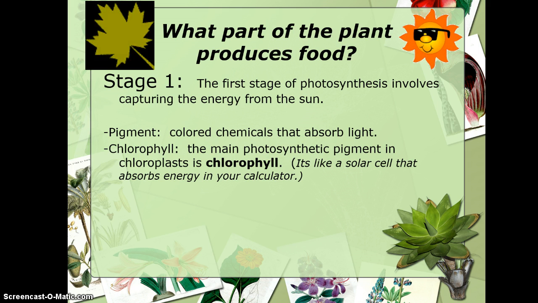So again, just to start from the beginning, we have something called pigment, which are colored chemicals that are used to absorb light. They take that light and they capture it for the plant. The photosynthetic pigments in the chloroplast we call chlorophyll. Think of it like a solar cell.